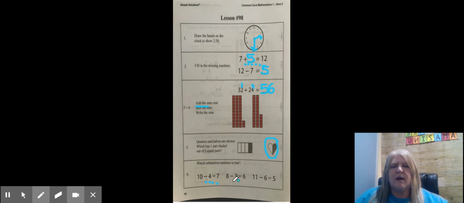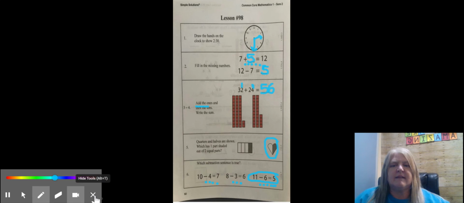Again, we'll have to count back. 8, 7, 6, 5. So that is not true. 11 minus 6 equals 5. 11, 10, 9, 8, 7, 6, 5. So that one is true. 11 minus 6 does equal 5. And you can use your number line or your fingers or drawings or whatever helps you to subtract and get that answer.